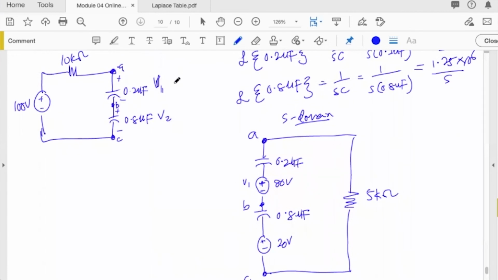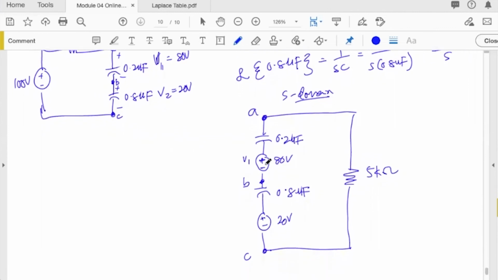Okay, so we can say in here our V1 is 80 volts, because this refers to the initial value plus the value stored by this capacitor. And for V2, we have 20 volts, because this is the initial value which is provided, and another part of the energy is provided by these capacitors. Okay, so that's what we get in here.